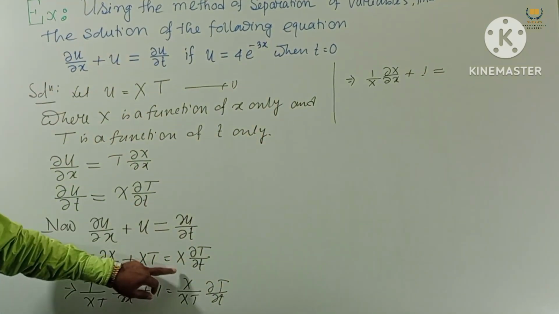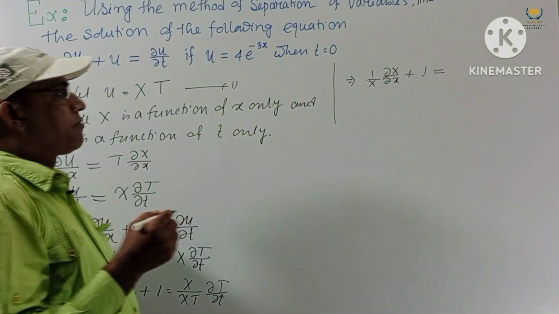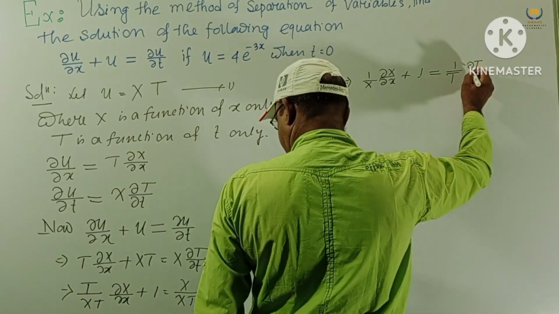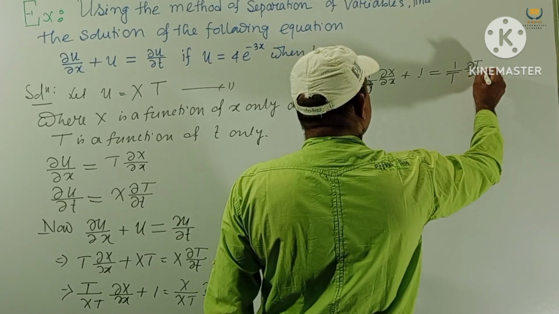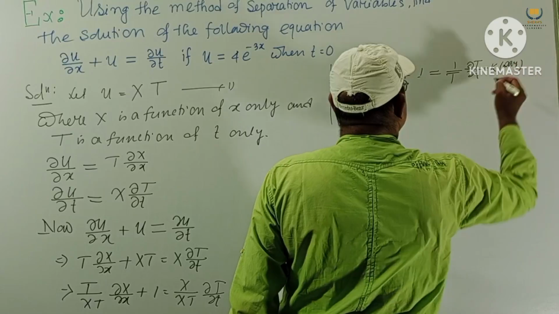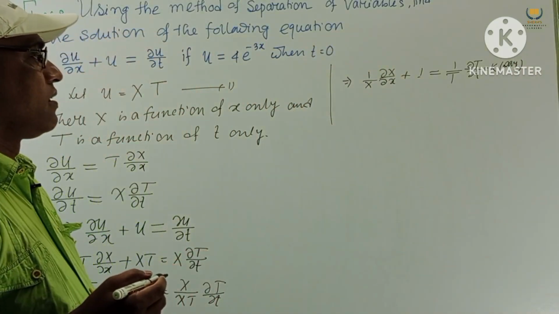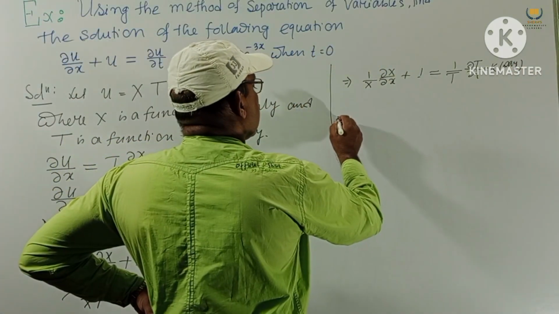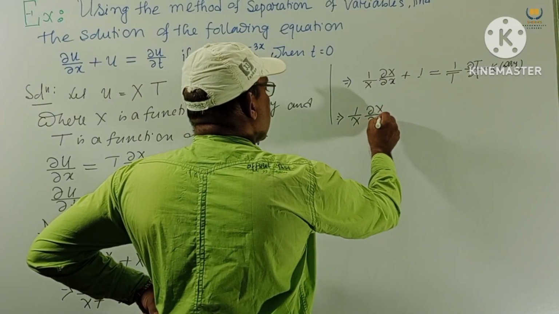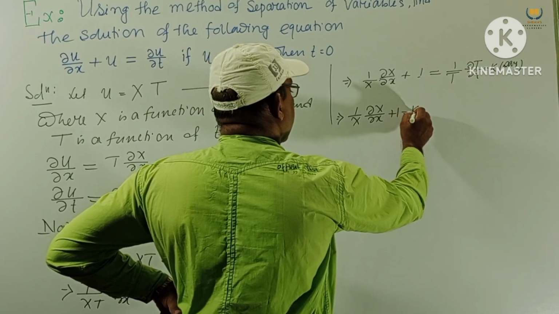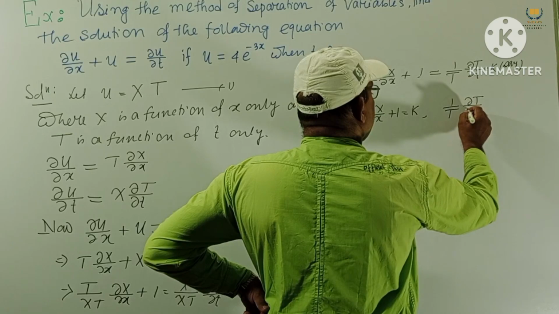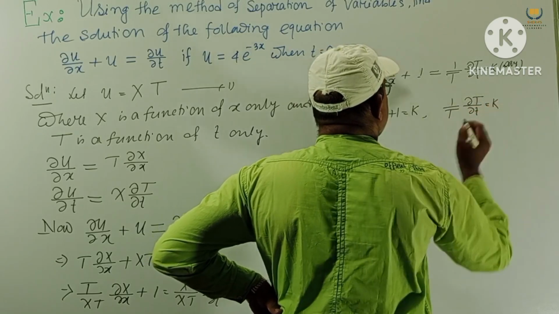This is equal to, we consider k. So this implies (1/X) ∂X + 1 = k, and (1/T) ∂T = k.